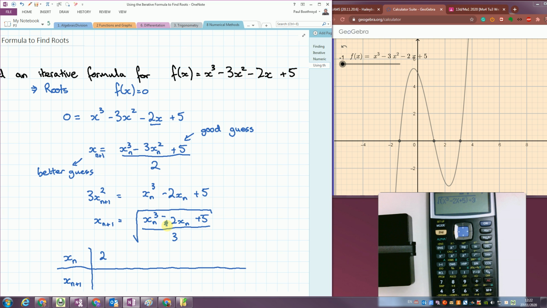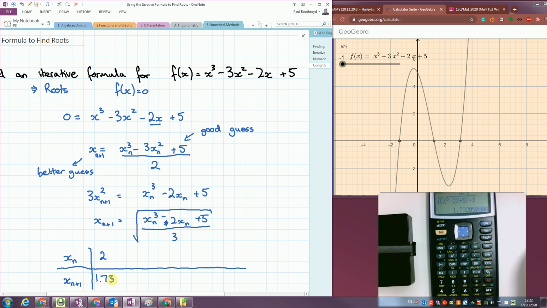That's going to calculate my next value for me. So press enter and we get root 3, but that's not too important.